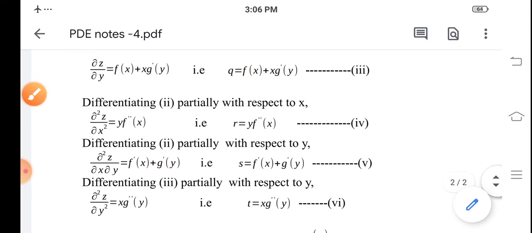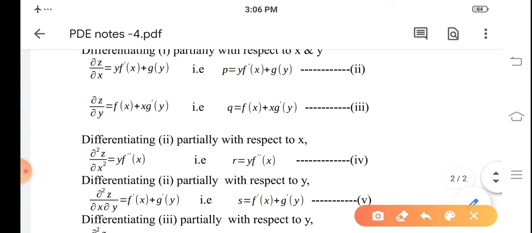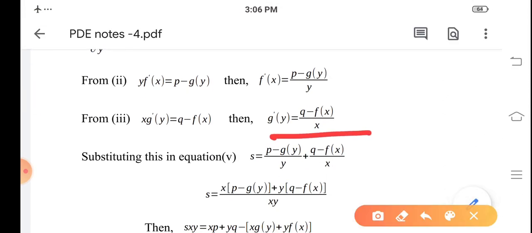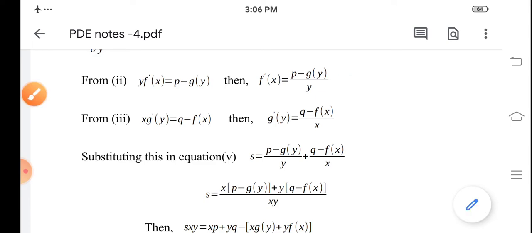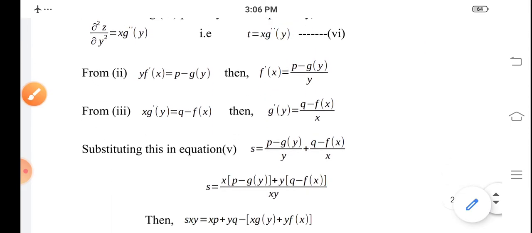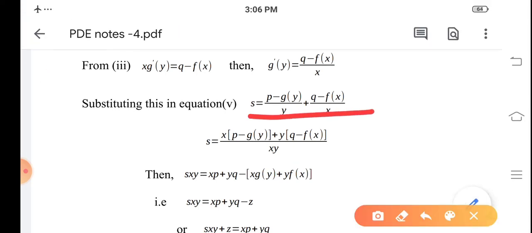Similarly, if I take equation 3, using equation 3, I can write x into g dash of y is q minus f of x, or we write it as g dash of y is equal to q minus f of x divided by x. Now, using these two, in equation number 5, we write s is equal to p minus g of y divided by y plus q minus f of x divided by x.